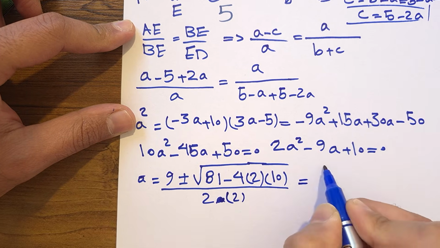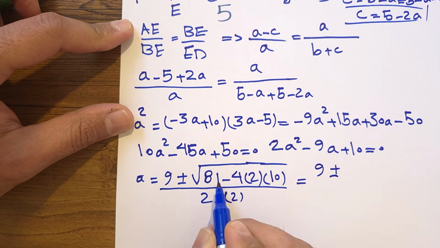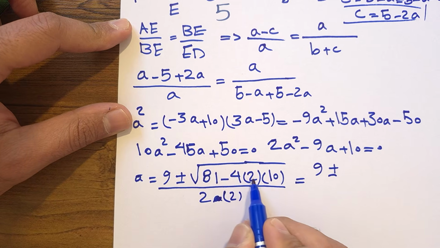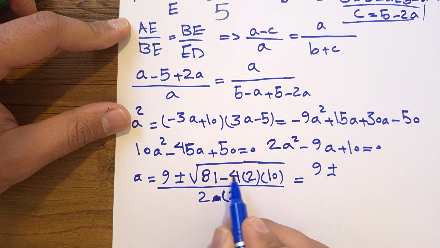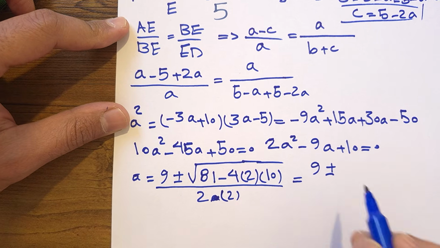Let's just continue further. So 9 plus minus the square root of 81 minus 4 times 2 times 10, 80. 81 minus 80 is just 1.